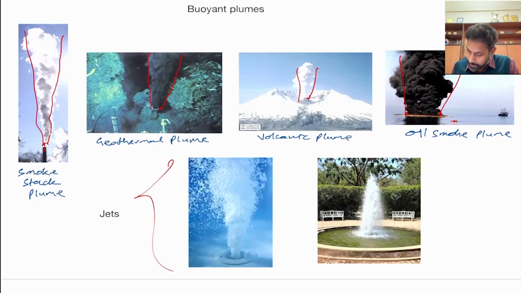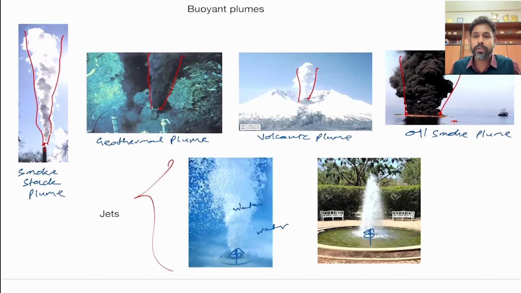In this case, the fluid that might be coming from here, this particular fluid or this fluid, which is basically water, has higher velocity compared to the ambient. That velocity differential actually creates momentum flux, and that momentum actually drives the flow. Now in the left hand case, you can see that this is water and this is also water.